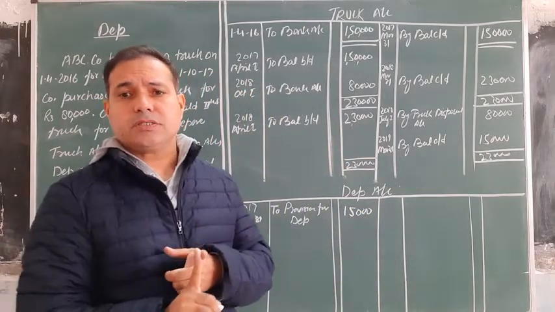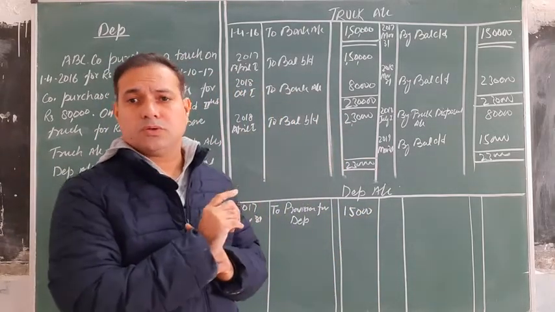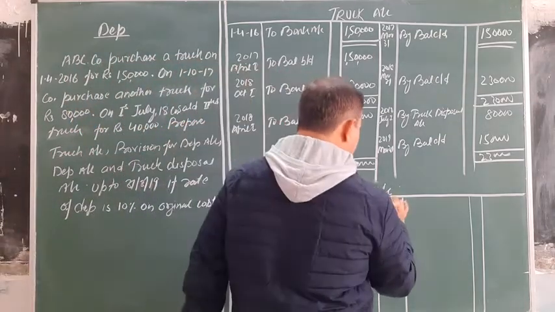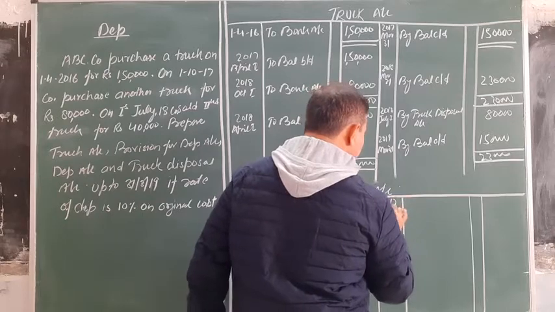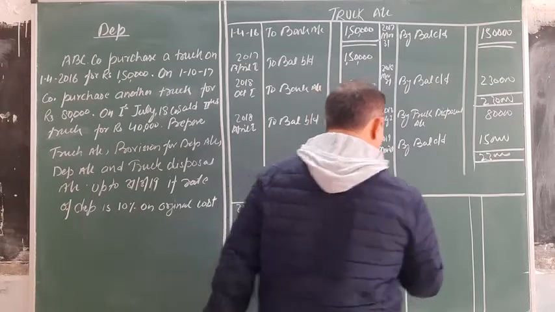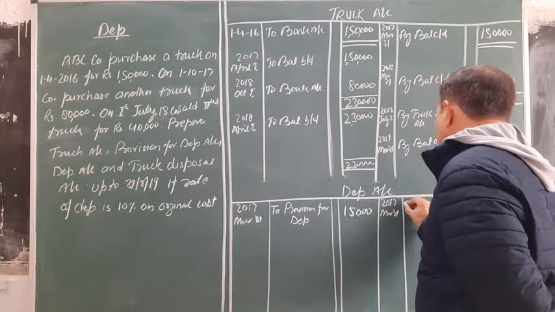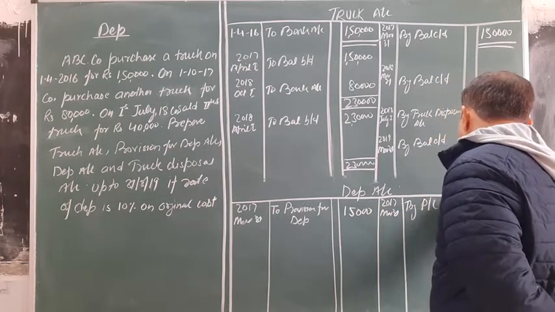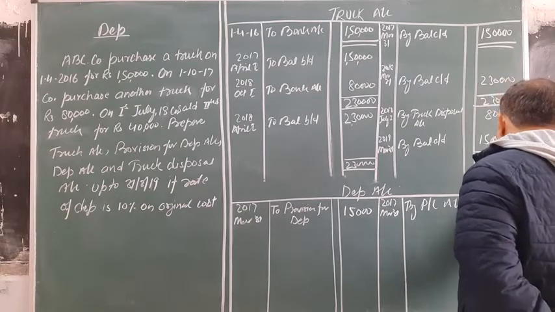The depreciation will be transferred to profit and loss account at the end of the year. So on 2017 March 31, we will transfer it to profit and loss account by profit and loss account 15,000.